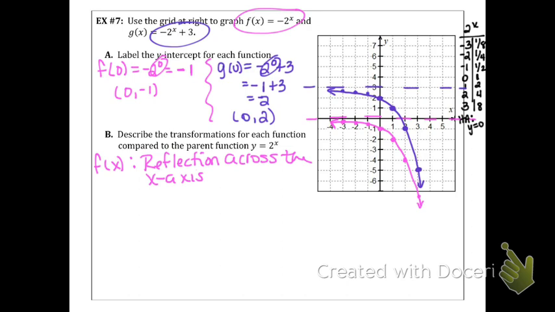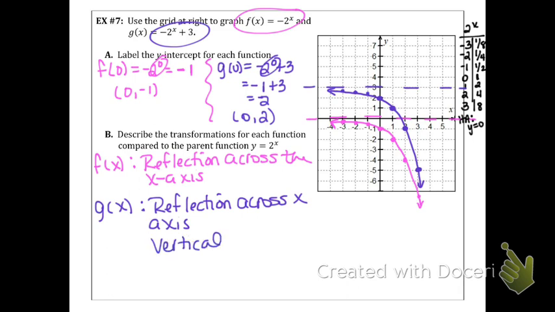And then for g of x, it has the negative as well, so we know it's a reflection across the x-axis. And then it's got that plus 3, which is a vertical shift, or we can say translation, up 3 units.